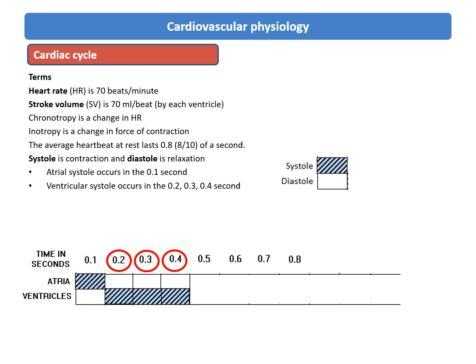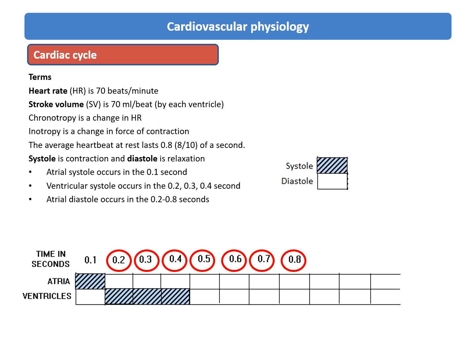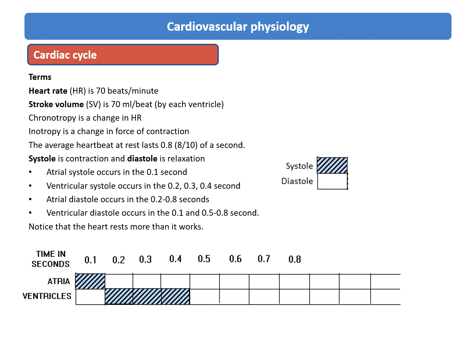Ventricular systole occurs in the second, third, and fourth tenths of a second of the cycle. Atrial diastole occurs from the second to the eighth tenth of a second in the cardiac cycle. And ventricular diastole occurs in the first tenth of a second, as well as the fifth, sixth, seventh, and eighth tenth of a second intervals. Notice that the heart rests more than it works.